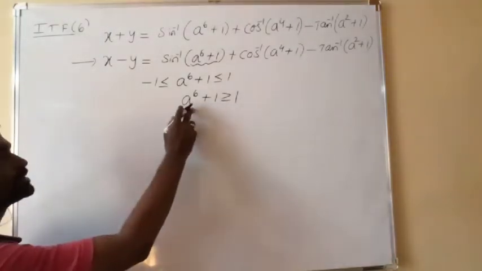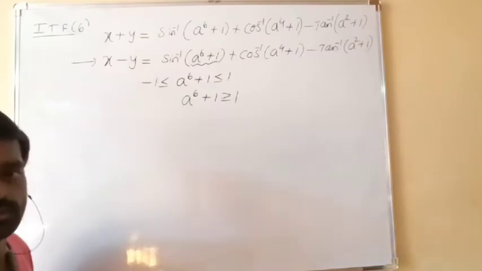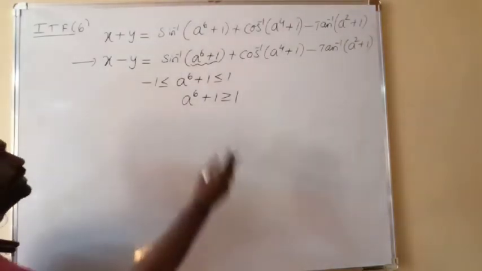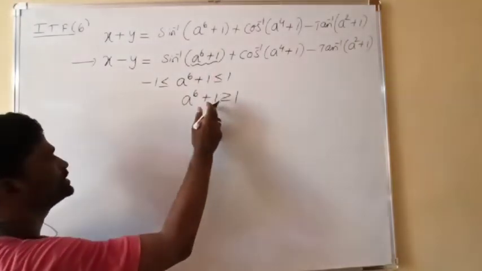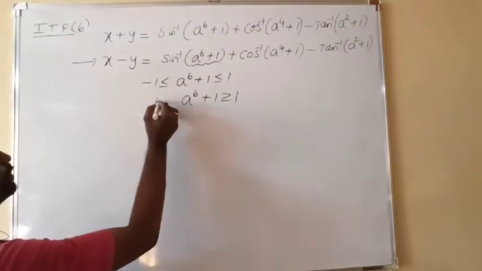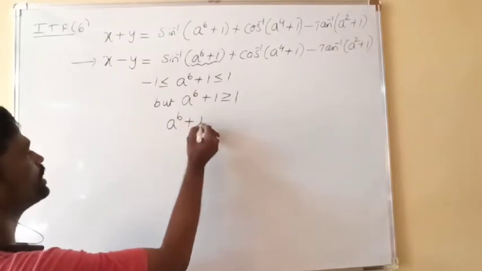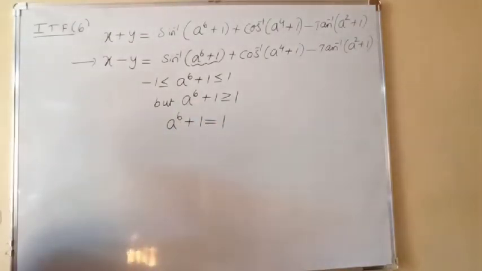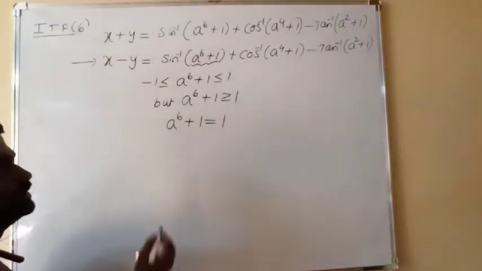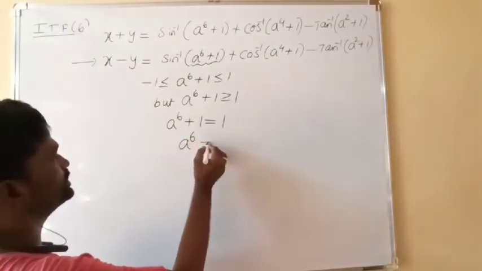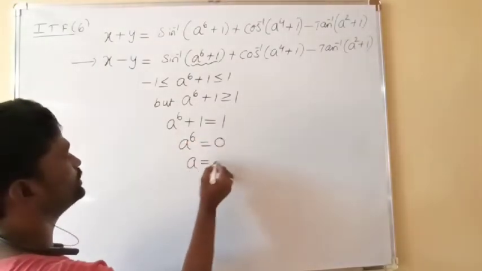So 1 plus a non-negative value is always greater than or equal to 1. So from this it is less than or equal to 1, and from this it is greater than or equal to 1. From these two inequalities, what can we conclude? Both are simultaneously possible when a power 6 plus 1 is equal to 1. So thus a power 6 is equal to 0, and the value of a is 0.